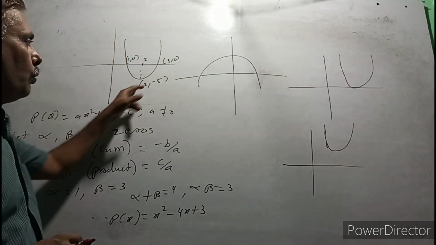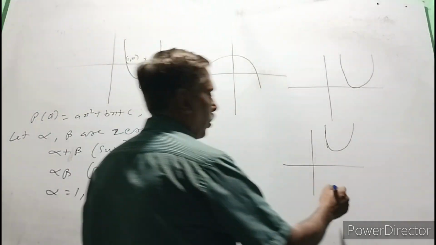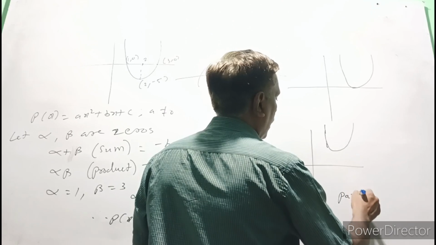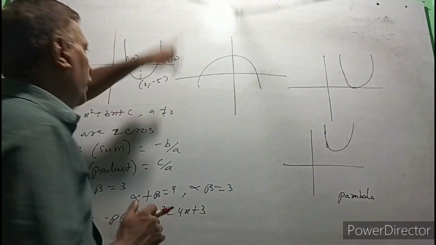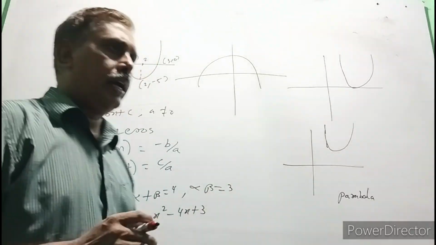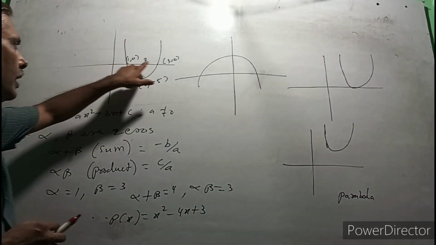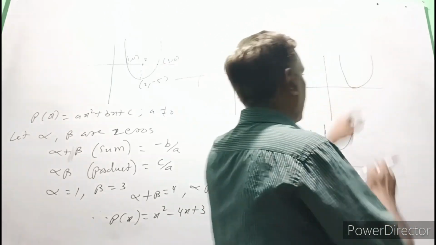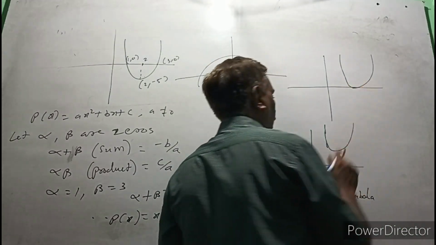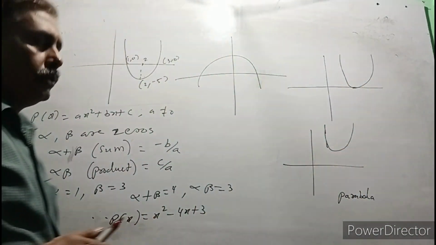A quadratic polynomial always forms a parabola. A parabola has two shapes, one opening upward or one opening downward. Here you can see there are two zeros, here also two zeros, here one zero where it is touching, and here no zeros.